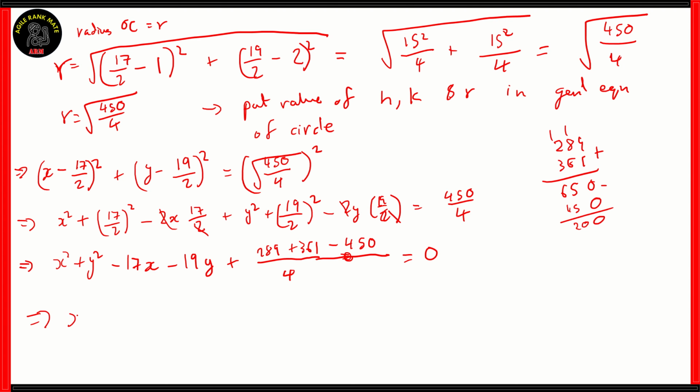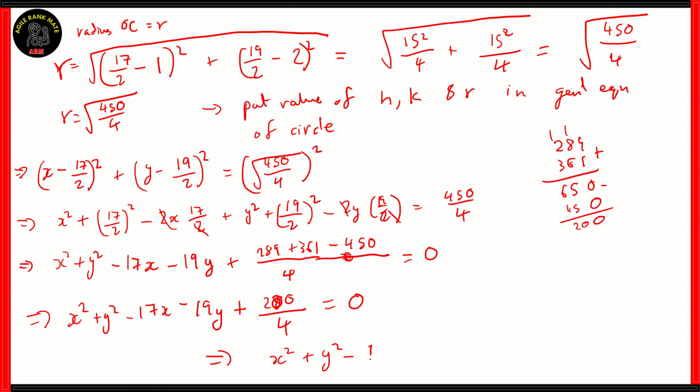So basically the equation now becomes x squared plus y squared minus 17x minus 19y plus 200 over 4 equals 0. So now we got our final equation. 4 goes into 200 50 times, so therefore x squared plus y squared minus 17x minus 19y plus 50 equals 0.